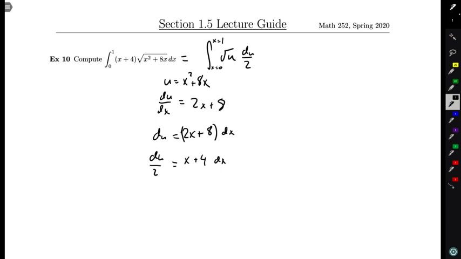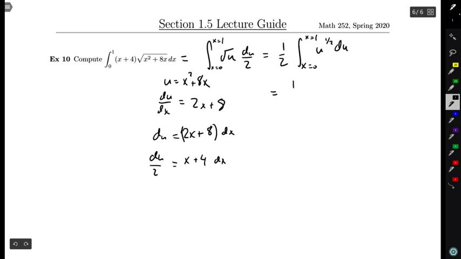So let's simplify this integral a little bit. We have 1/2 times the integral from x equals 0 to x equals 1 of, we want to think about the square root of u in terms of powers, so we want to think about that as u to the 1/2 du. And now I can apply my normal power rule to compute this integral.